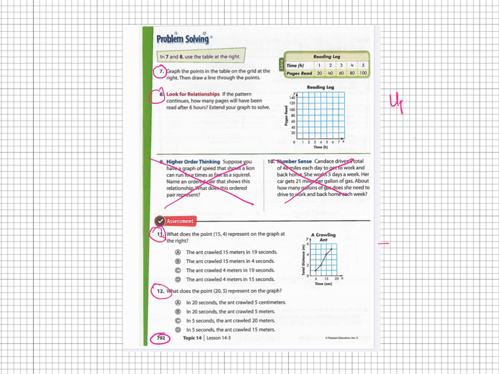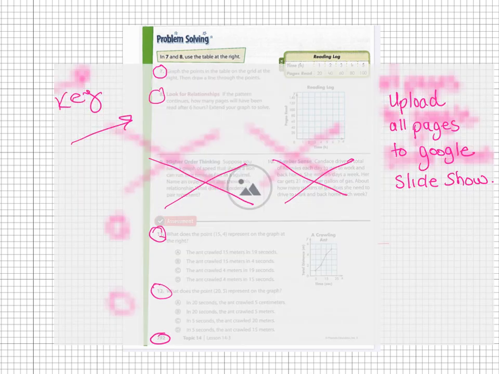You are going to upload all pages to Google Classroom. And I will leave you the slideshow, a new one, there for you to upload to. I will post the key and how I solve these problems in another video. Okay, good luck, you guys. Good luck.